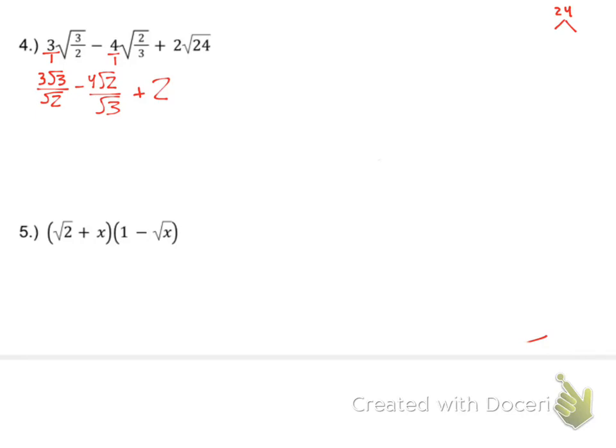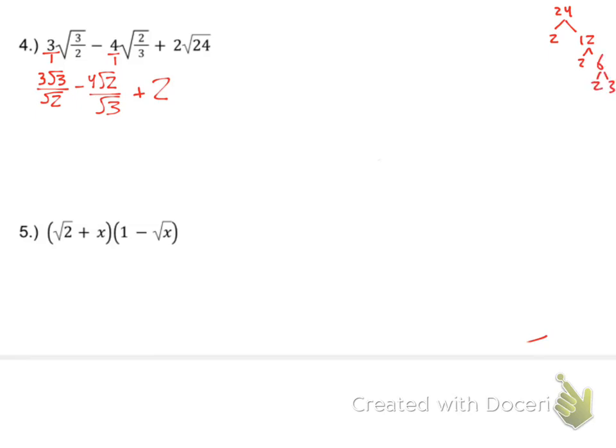24, guys. Guys, notice I broke this out over here. We're going to make sure that we can or can't break down 24 into something better. So 24 is 2 and 12. You can do 6 and 4 if you want. 2 and 6, 2 and 3.